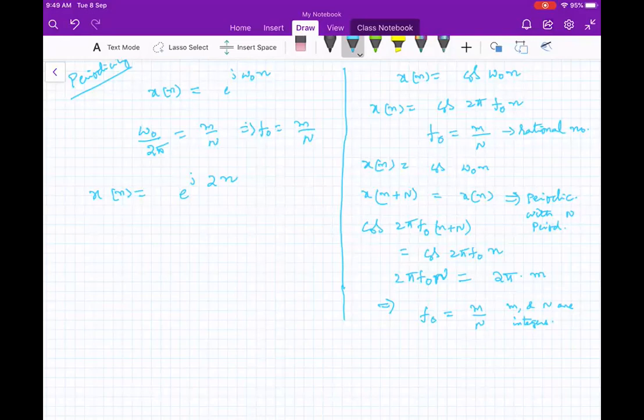So here, let us write very specifically. Omega naught here is equal to what? 2. Okay. But what we need is omega naught by 2 pi, which is equal to 2 by 2 pi, equal to 1 by pi.